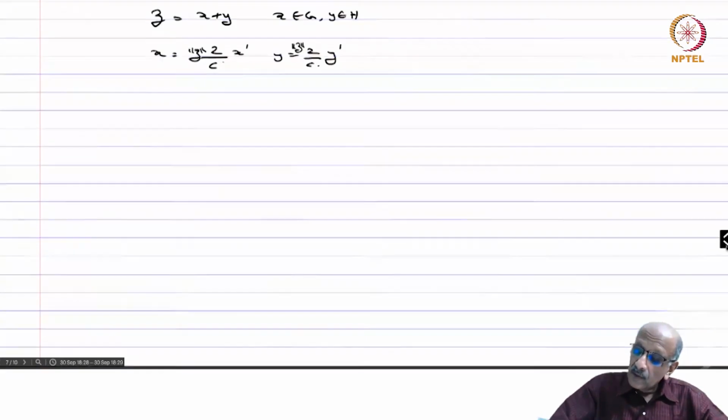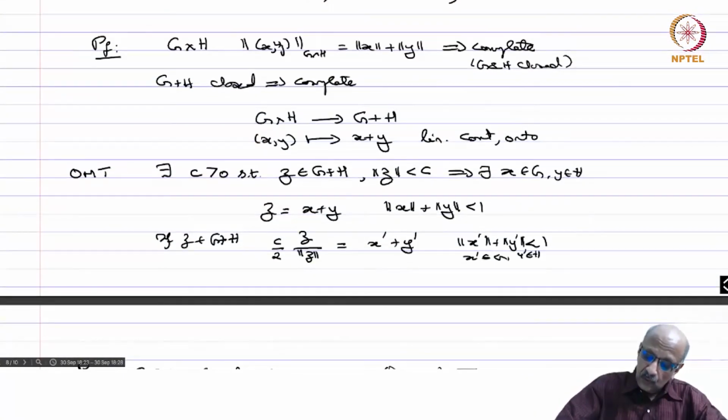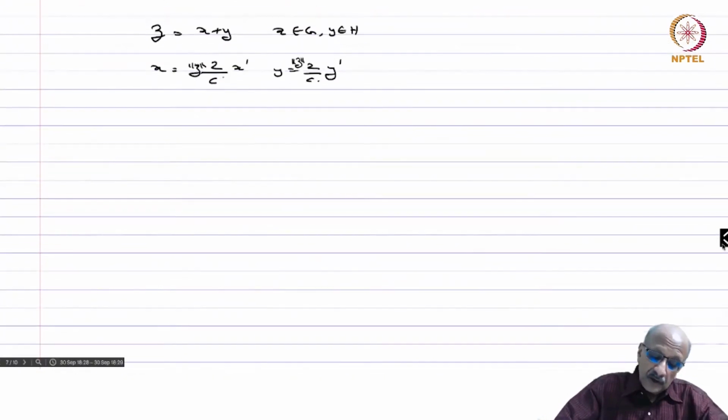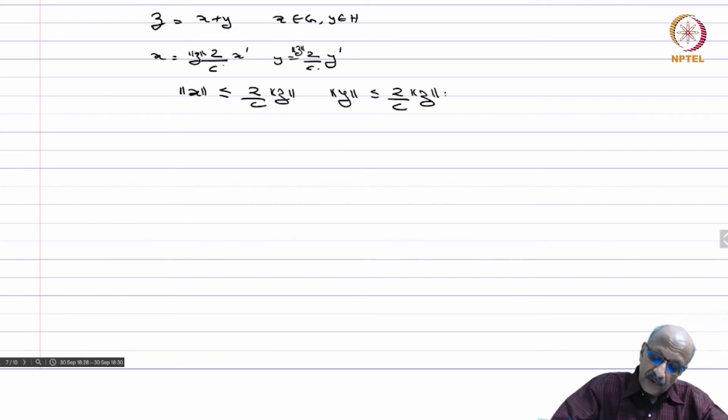Just go back to what we had, the norm Z. So 2 by C norm Z, that will go to the numerator now, and therefore you have norm x will be less than or equal to 2 by C norm Z, and norm y will be less than or equal to 2 by C norm Z, and therefore for every Z, this is the constant we are talking about, and therefore everything can be uniform.